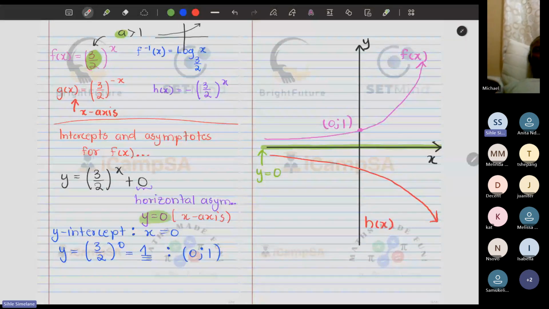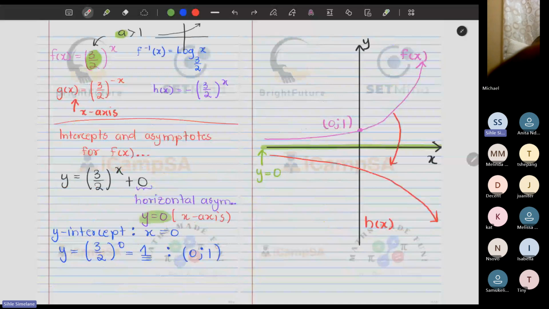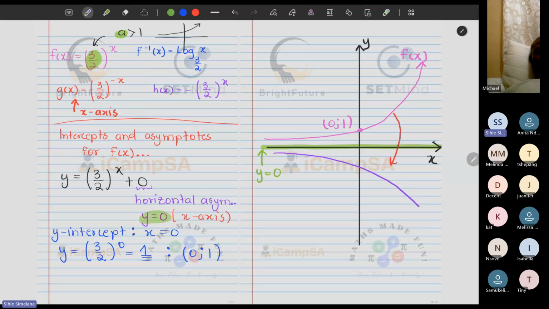H of x, because look at the original graph. We are reflecting it about the x-axis. So the H graph is the one that was the reflection about the x-axis. The H graph is the purple one. Let's quickly make sure that our colors are on point. So the purple graph, like that, and that is H of x equals -3/2 all to the power of x.